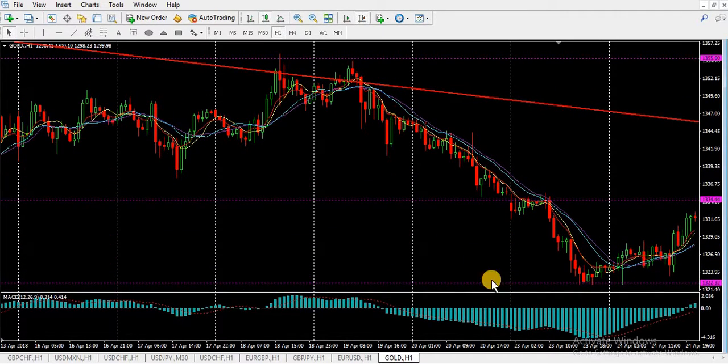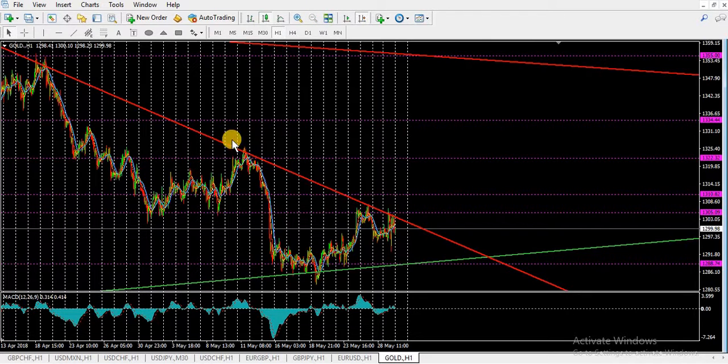So basically this is how I use the MACD. Notice over here we have a bearish trend, right? This is moving down, and then here the MACD was bullish from this side up to where it touched the strong resistance line from the hourly that we drew.